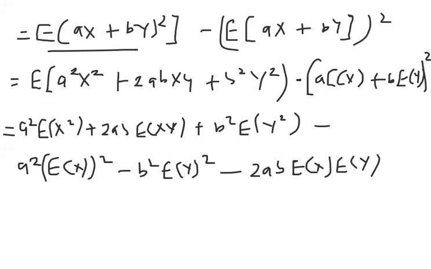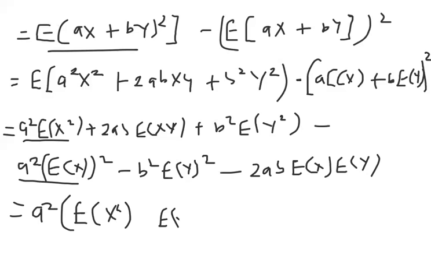So let's look at something. I'm just going to look at the similar terms and group like terms. Look at this expression, a squared, and there's another a squared here, right? So I can group that and factor out the a squared because that's common. Then I'll bring in expectation of X squared minus expectation of X all squared, right?